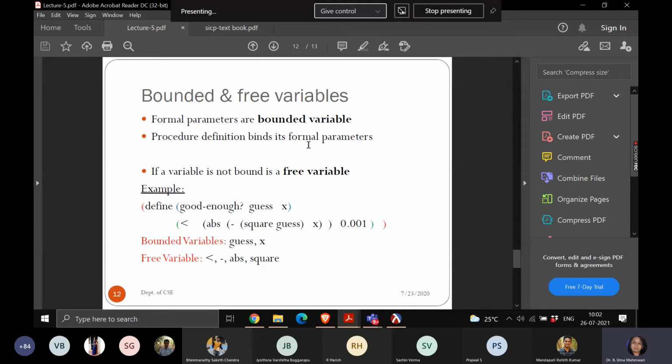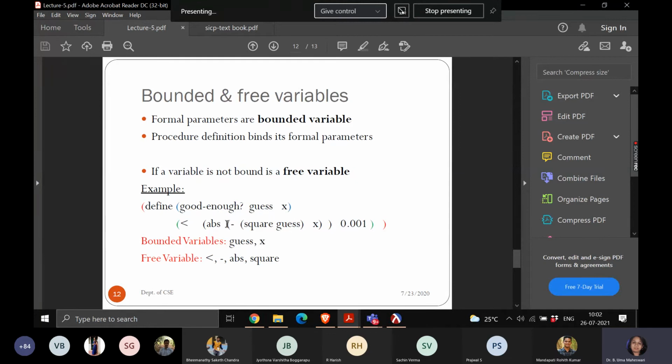Next we go for the concept of bounded variables and free variables. When are variables called bounded, and when are they free variables? Let us look at one example. There was a procedure good enough, which takes two arguments, guess and x.